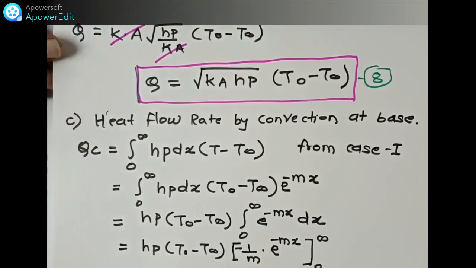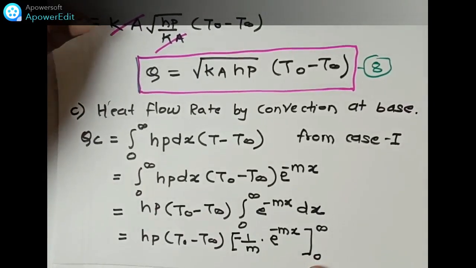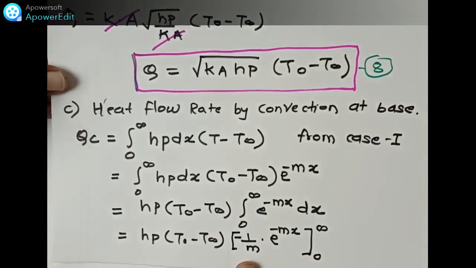These are the integration limits, lower limit, upper limit. Now I will put the limits in the equation and we will modify.